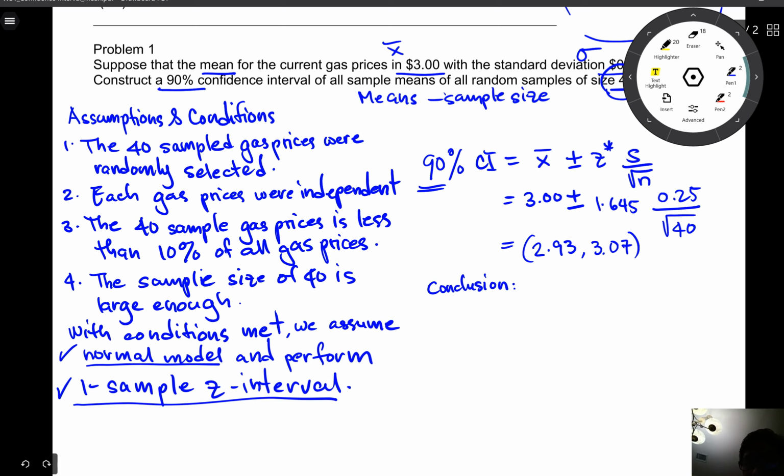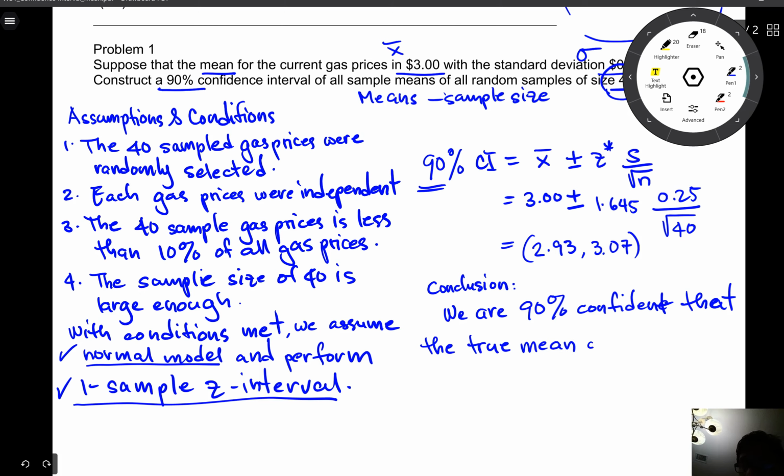For the conclusion, we are going to say we are 90% confident that the true mean of gas prices is between $2.93 up to $3.07. That's it. Yay!